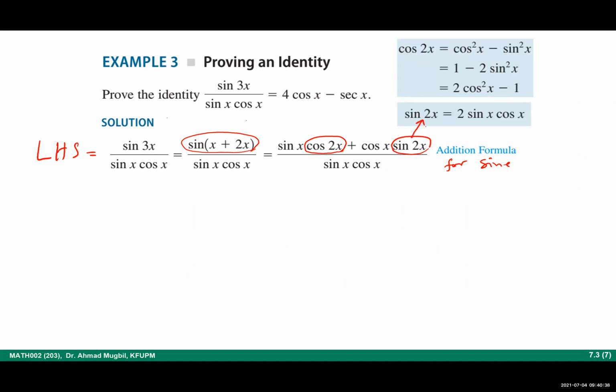This one is clear. We have only one formula for it. Now here we need to be smart and choose one of these formulas. Again, what do you think? Which one here is better? Look at the target. What is your target at the end? You want this to be in terms of what? Cosine. What is secant? Secant is 1 over cosine. So we want this at the end to be only in terms of cosine.